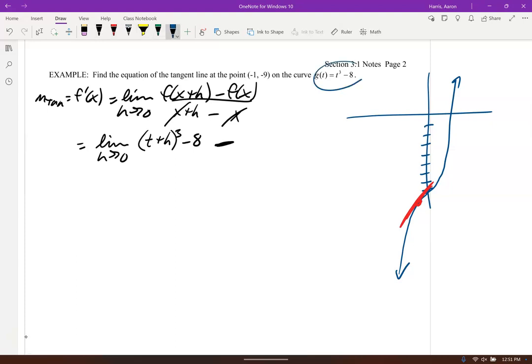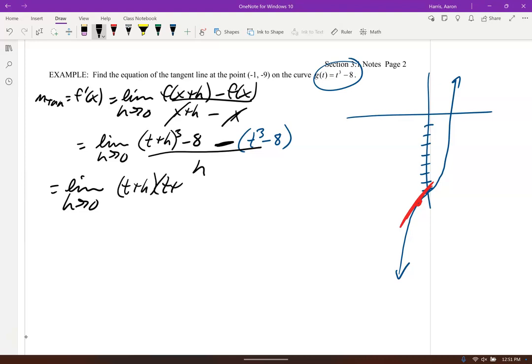Now the original function is t cubed minus 8, in parentheses, minus the original function. And this is all over h, right? So (t plus h)(t plus h)(t plus h) minus t cubed plus 8, all over h.